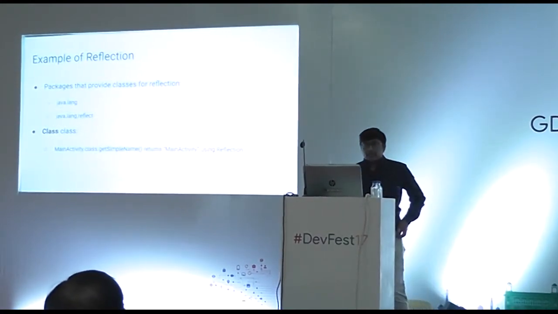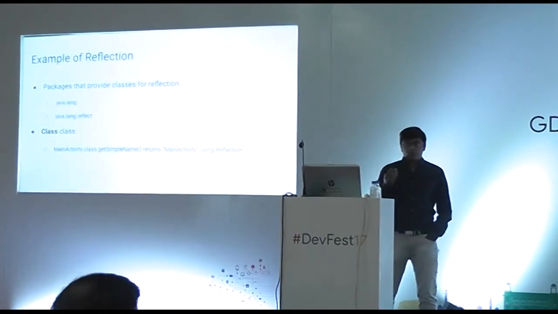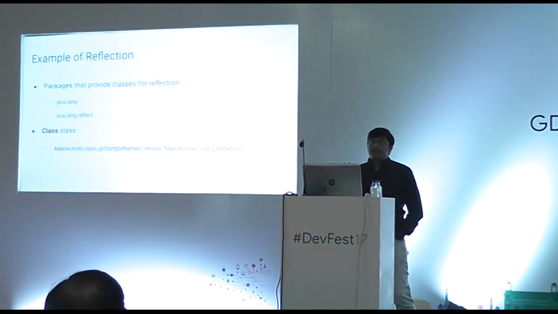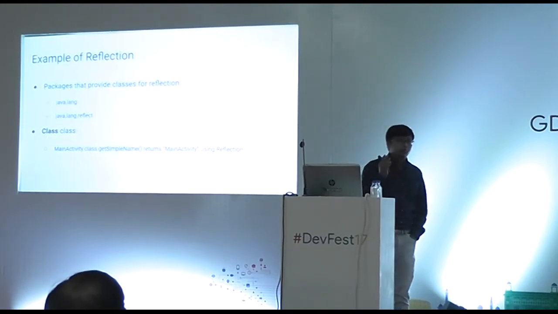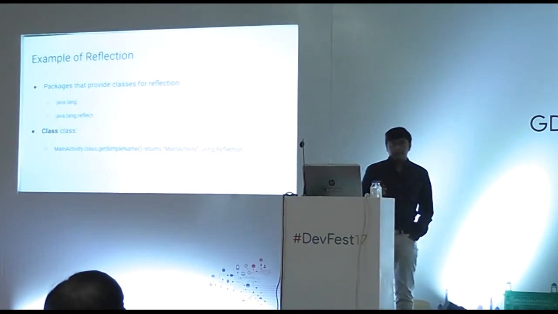Example of reflection API: we have been using reflection API since long, but I hope all of you know what reflection is. java.lang and java.lang.reflect, these both packages contain classes from the reflection API. Class is a class. If you know this class, anyone knows? Okay.